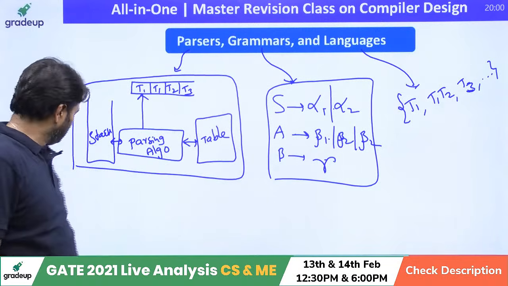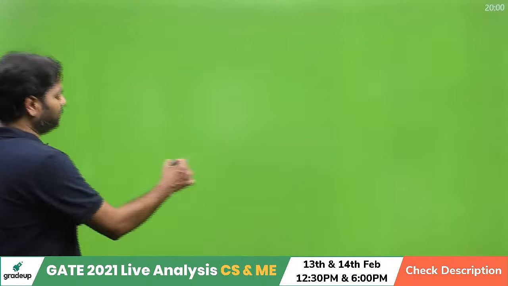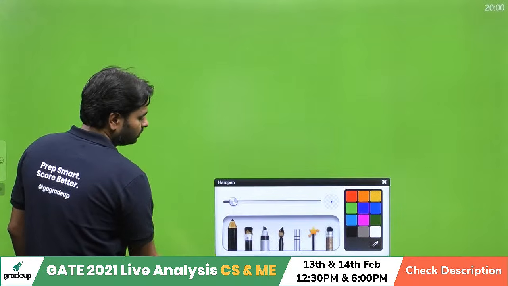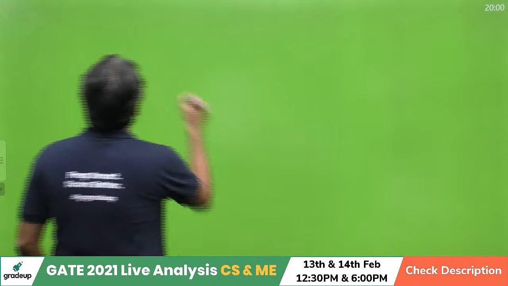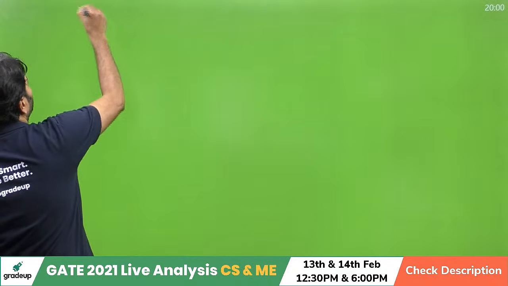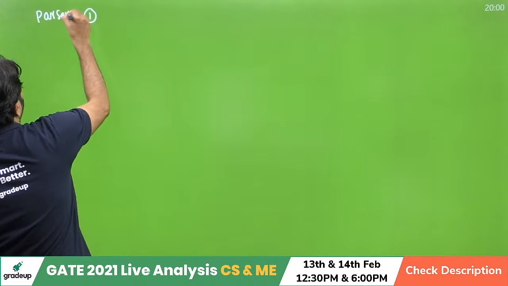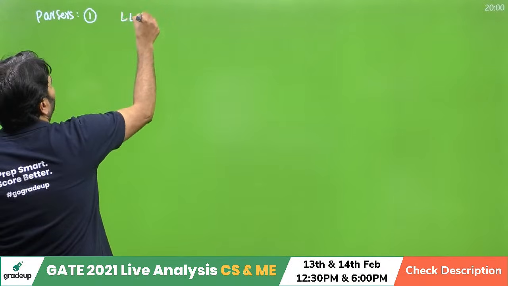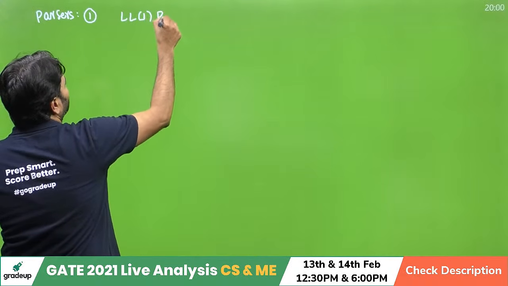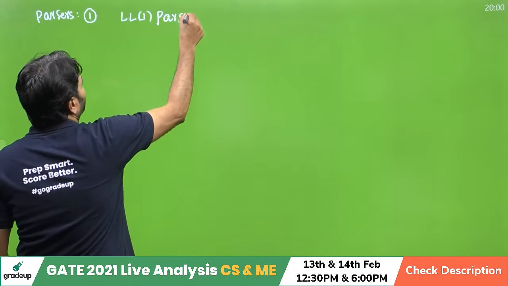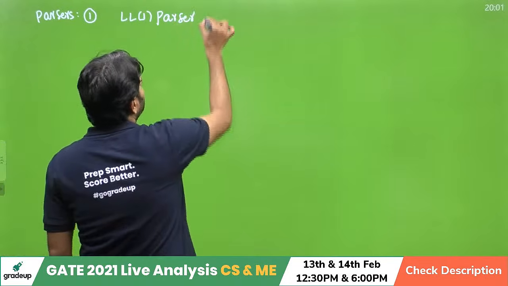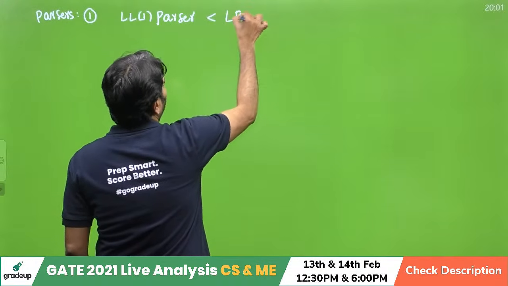What we need among this, let's look at the parsers. We have very interesting points. First point, look at the parsers. The LL1 parser is less powerful than the LR1 parser.